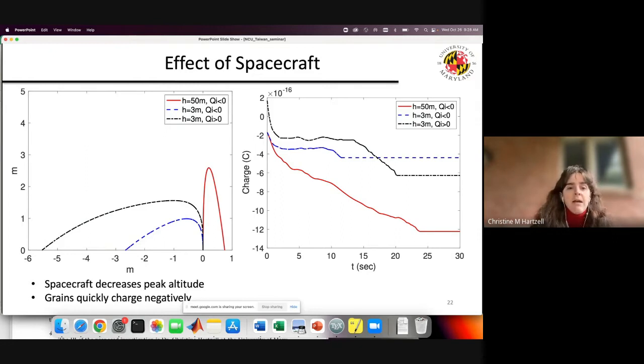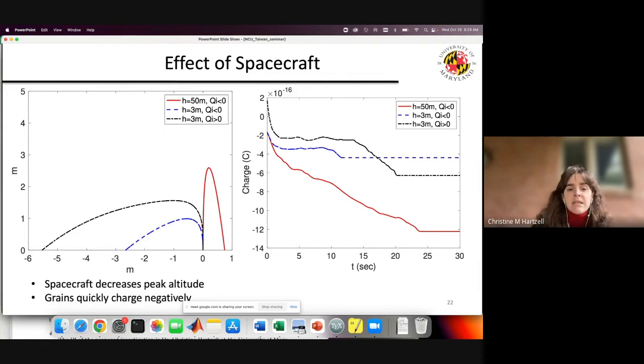re-impacting. When we bring the spacecraft much closer to the surface, the spacecraft's charge is interacting with the surface. And now we see that the particles are repelled from the spacecraft and also from the wake behind the spacecraft. And that is causing the particles to move to the left in this plot.